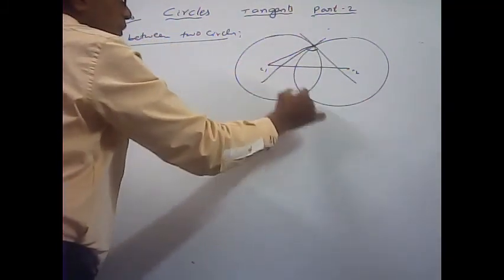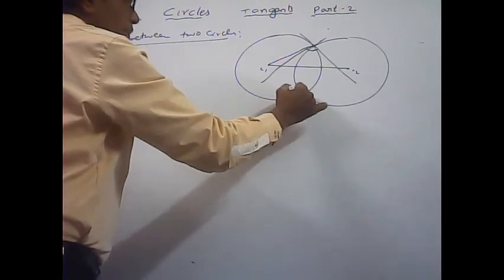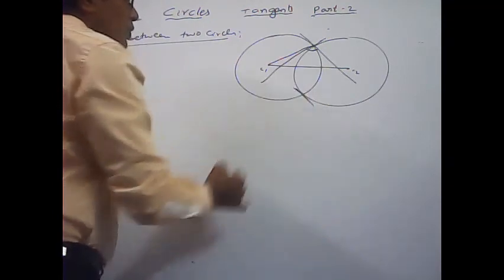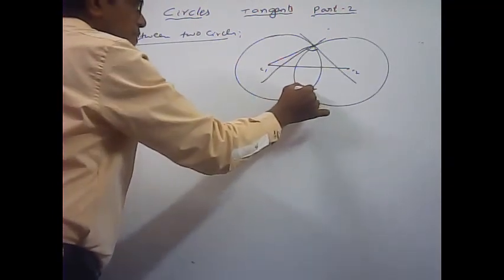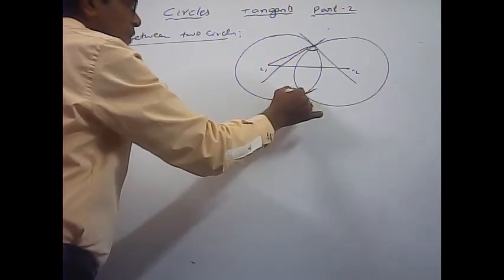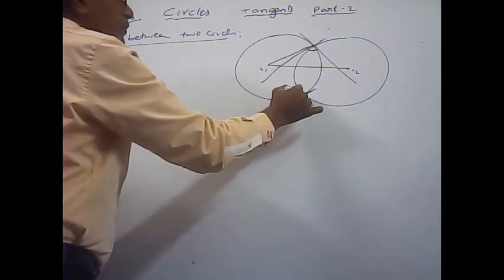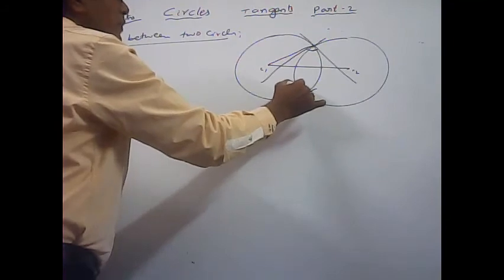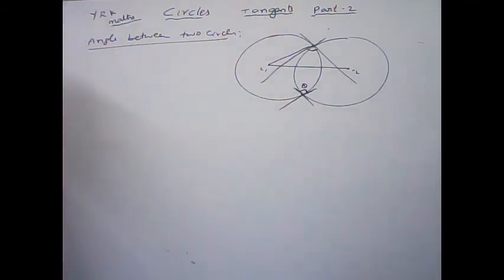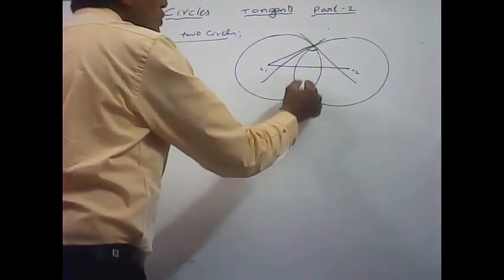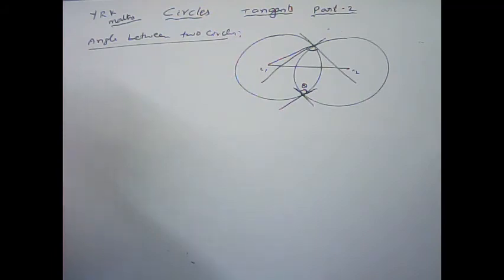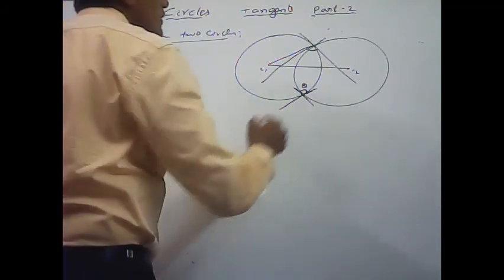This is the tangent drawn to the second circle at the point of contact, and this is the tangent drawn to the first circle. Angle between two circles is nothing but the angle between the tangents drawn at the point of intersection to the two circles.